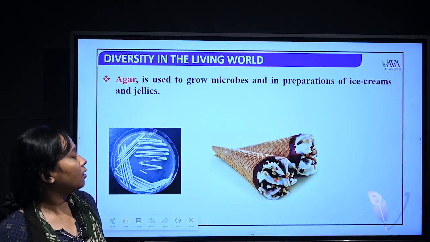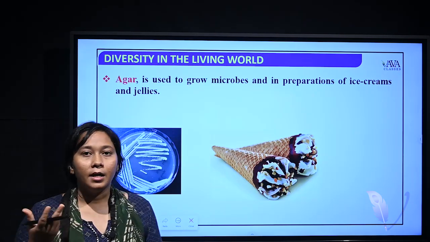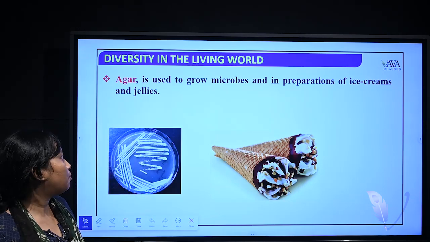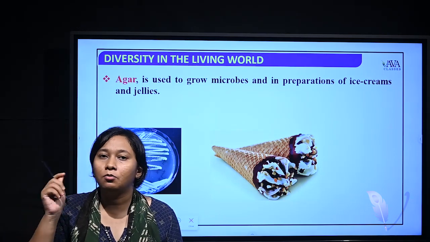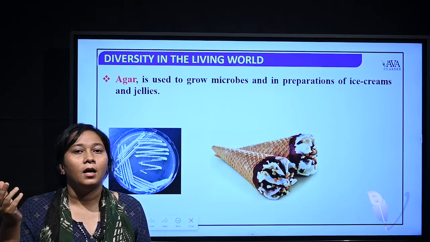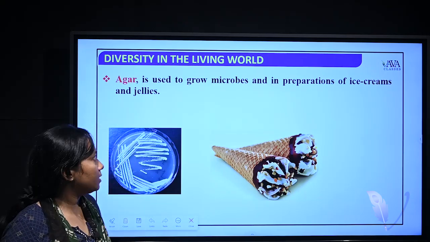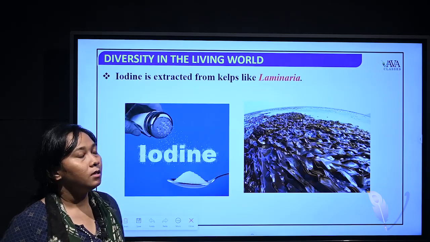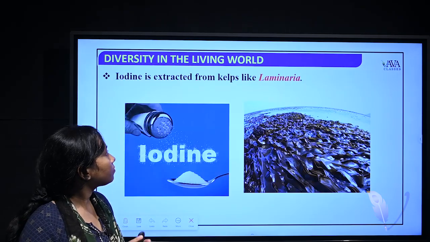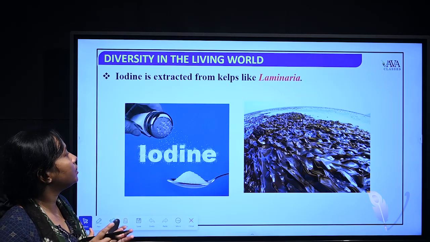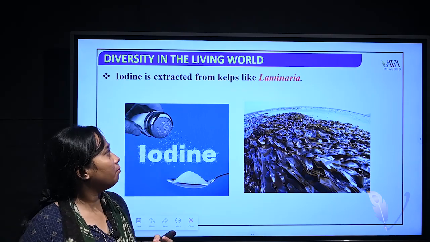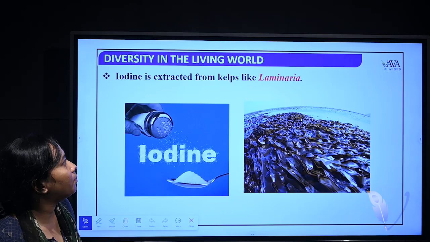Do you know what agar agar is? Agar agar is used in the tissue culture process. In tissue culture generally they don't use soil, rather they use jelly like substances. There is also another algae used in iodine formation, that is Laminaria, a type of brown algae.